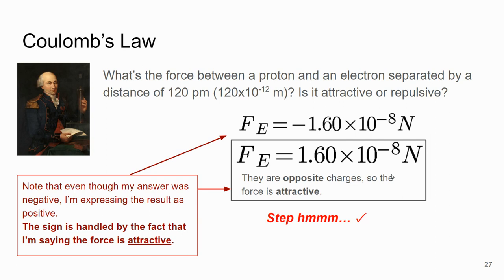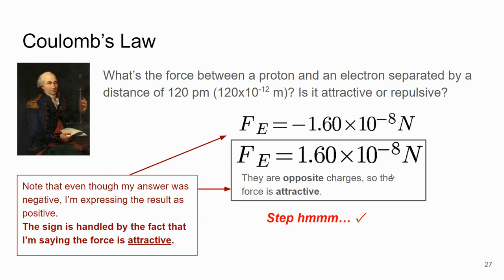Sometimes you'll get a negative number. My advice is always use the positive number. So talk about the magnitude of the force and keep track of the direction of the force separate. So in this case, I gave you the positive number and I said it's attractive. It gets confusing if you say it's a negative force and attractive, because negative attractive kind of sounds like repulsion.